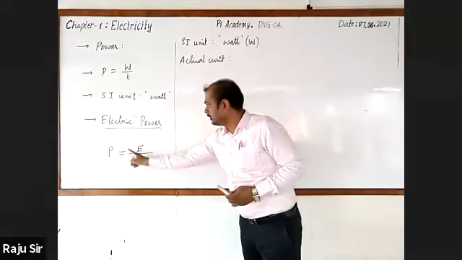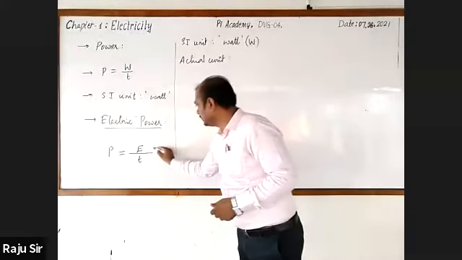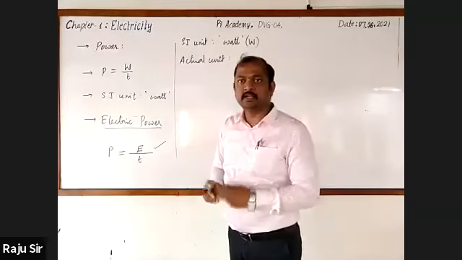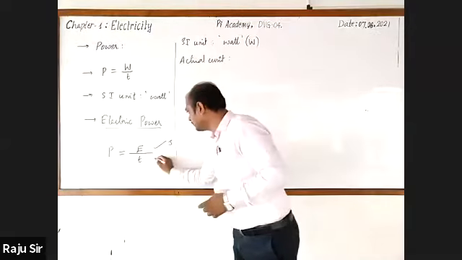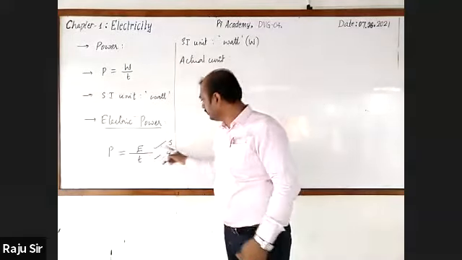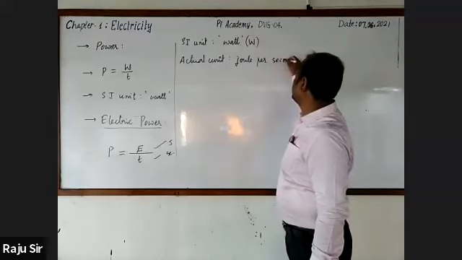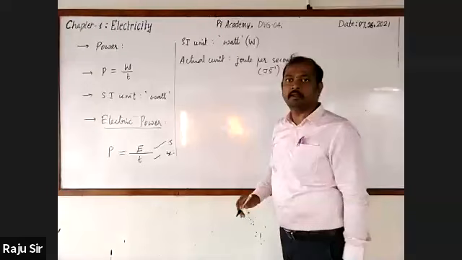Observe this formula. Electric power is equal to E by t, and SI unit of electrical energy is joule, and time is second. Therefore, actual unit is joule per second. In bracket, we can write J S raised to the power -1.